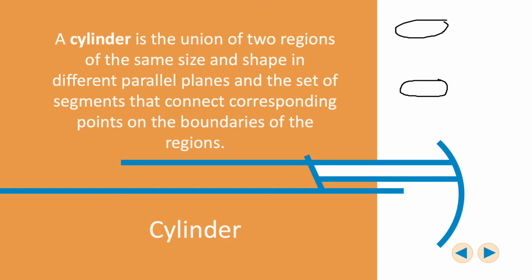Those are my two regions of the same size and shape, and then the set of segments that connects the corresponding points. So ideally, with my picture, I only have the two segments, but in an actual three-dimensional object, there are several, right? It completely goes around. There's always a segment connecting the top to the bottom.